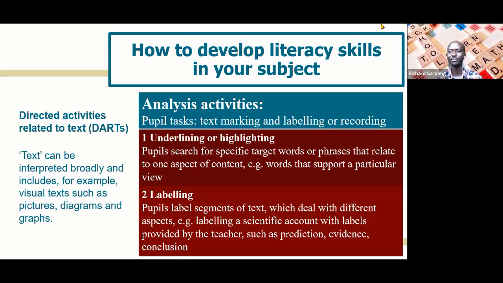So if you perform an experiment and there's a write-up of that experiment process, students are supposed to identify which aspects of that text are the conclusion of that experiment, or the evidence, the findings of that experiment report. So you can ask students to write a report, but you can also write a report, perform the experiment, and ask them to figure out what the possible conclusions or evidence were, or what the hypothesis really was about.